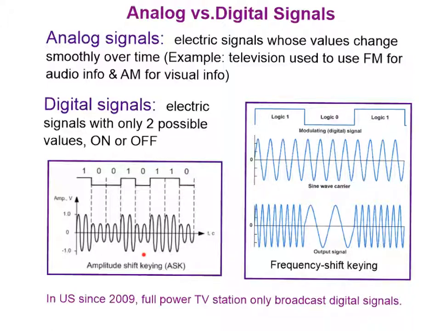We call them amplitude shift keying and frequency shift keying. They're shown in these diagrams. More complex ways of digital modulation allow more information to be carried by a single wave. And in the United States, our television stations use multiple amplitude modulations to encode the data on the carrier wave.